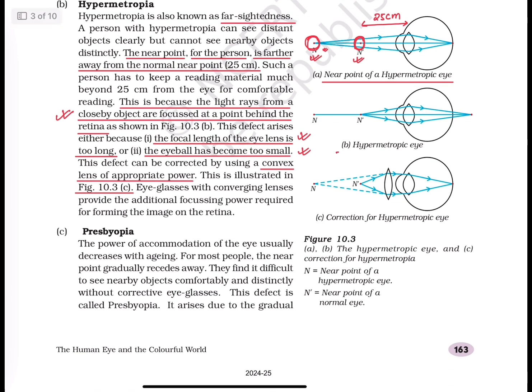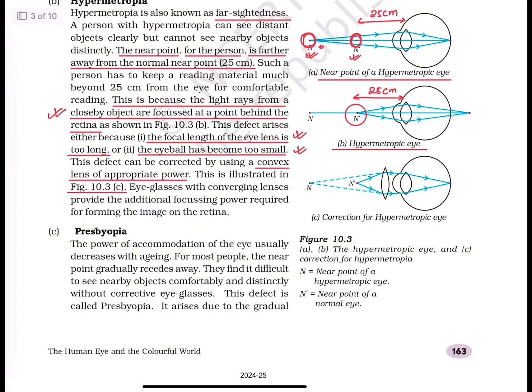Figure B over here shows what the defect actually is. When the person tries to observe an object at the normal near point, which is 25 centimeter, the image is produced behind the retina.